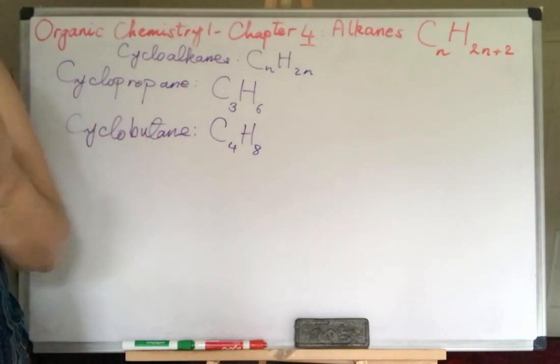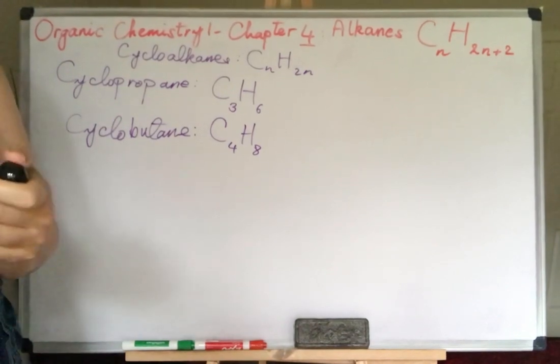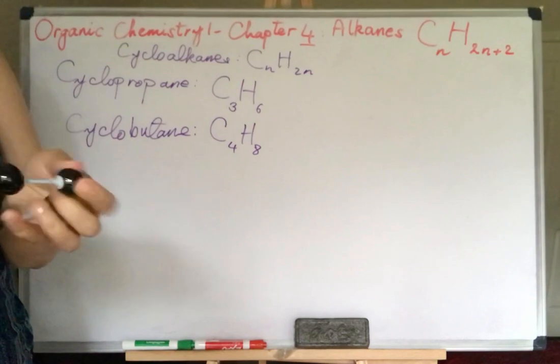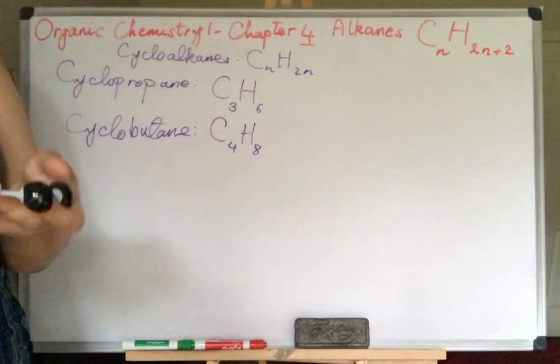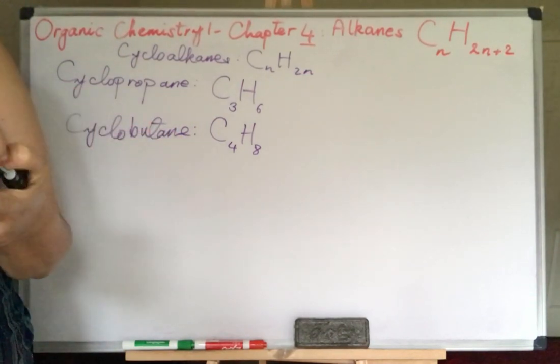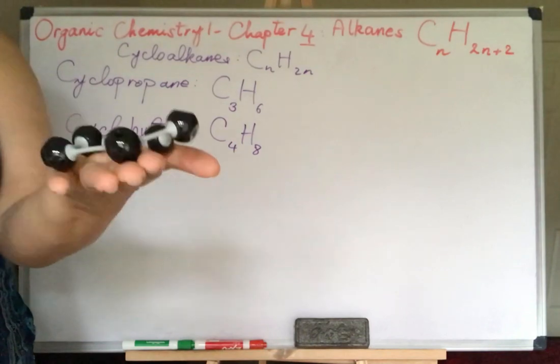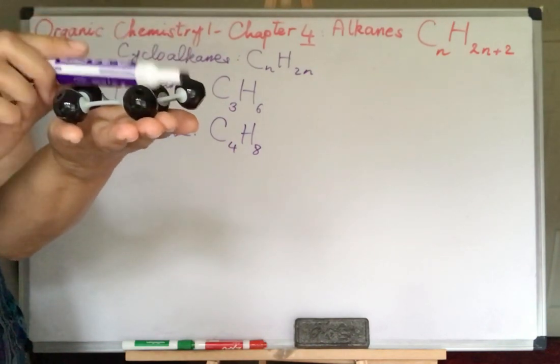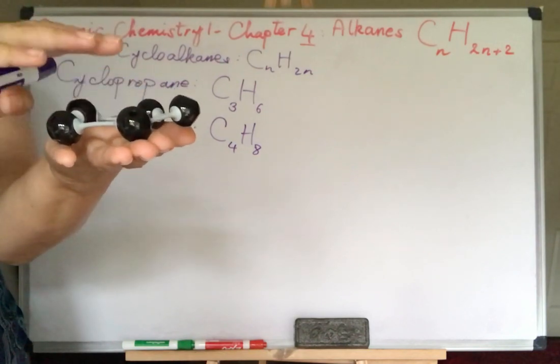If we add one more carbon, we will have cyclopentane. Four carbons will be in one plane, and you see the fifth carbon is puckered up a little bit, not completing the same plane.